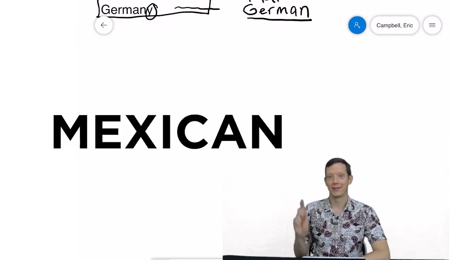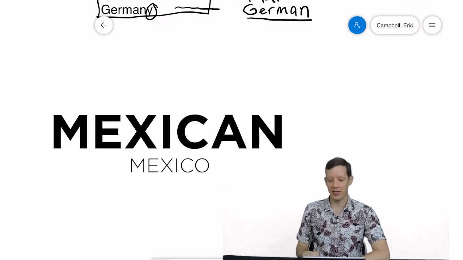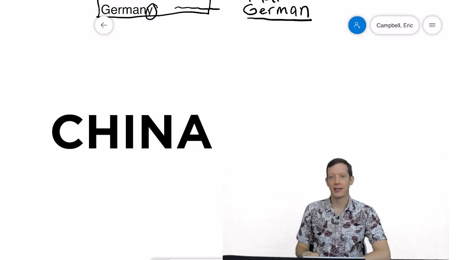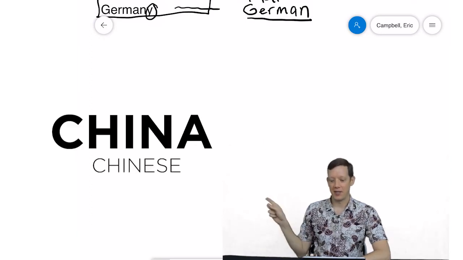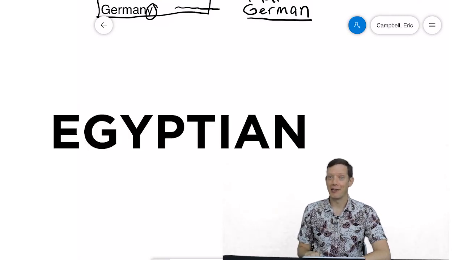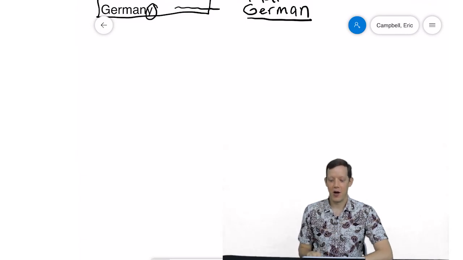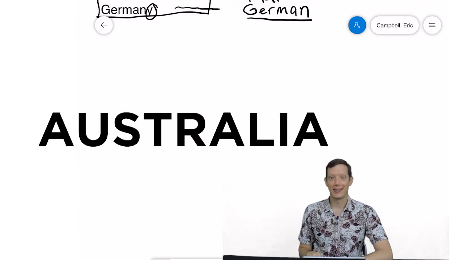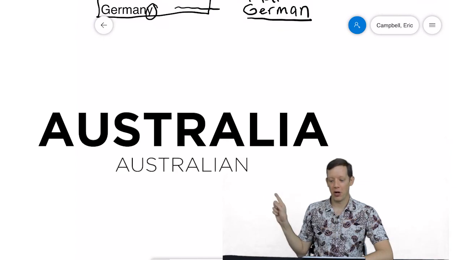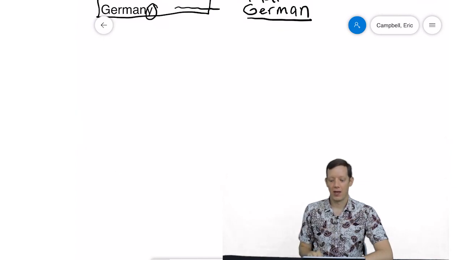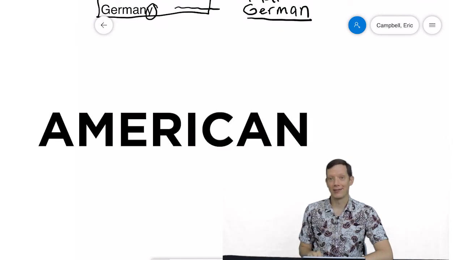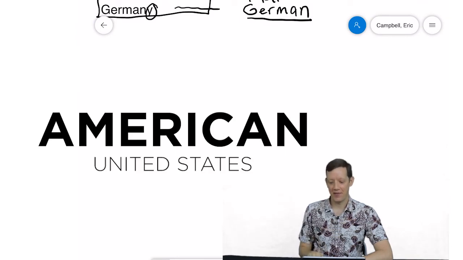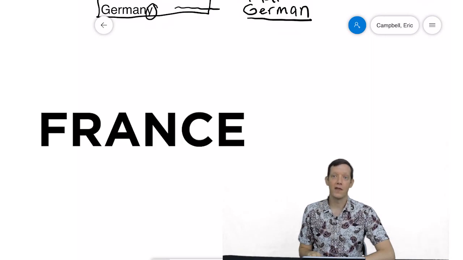Mexican. Good, from the country of Mexico. China. Good, the people are Chinese. Egyptian. From the country of Egypt. Australia. The people are Australian. American. Yes, the people are from the United States, or the country is the United States.